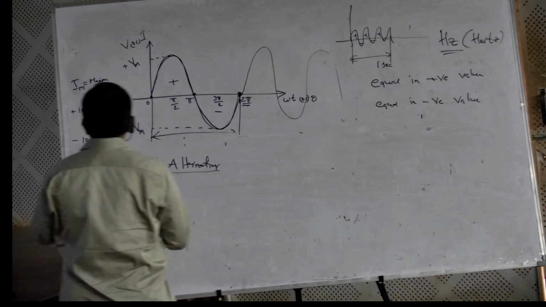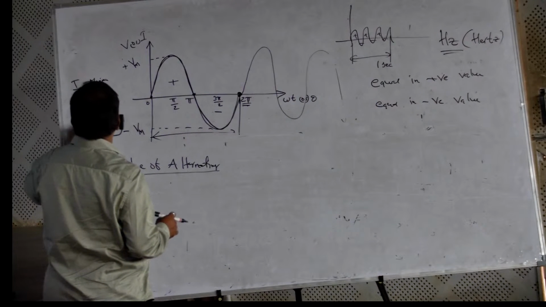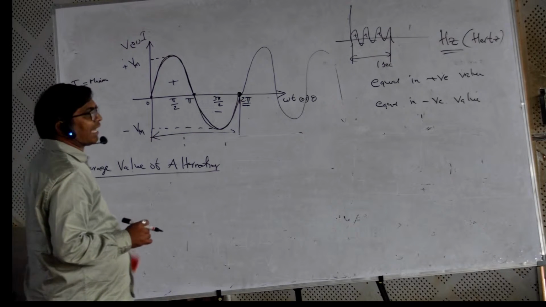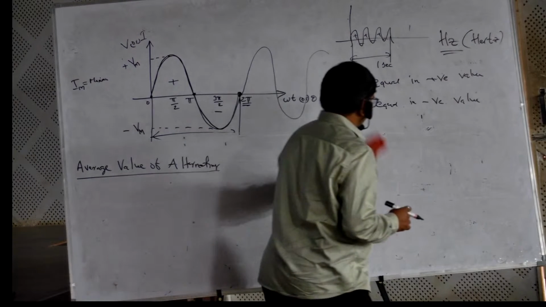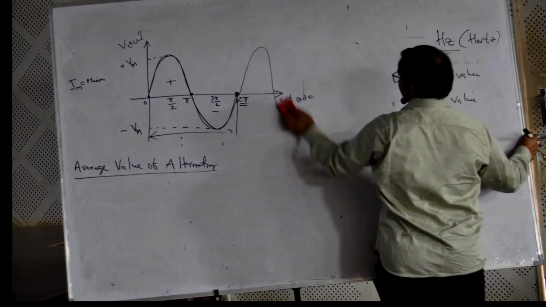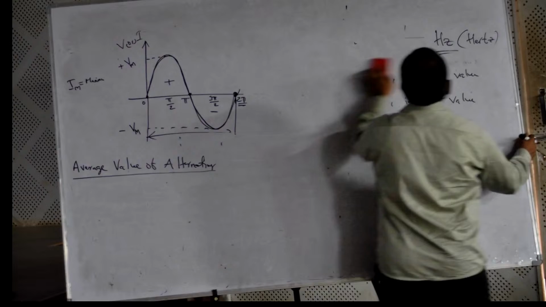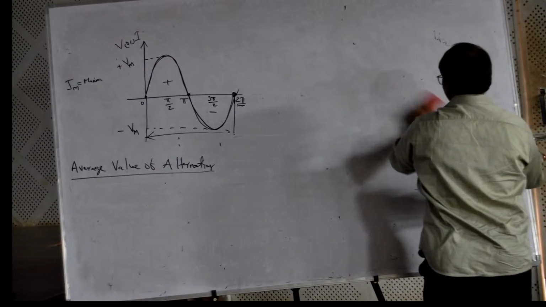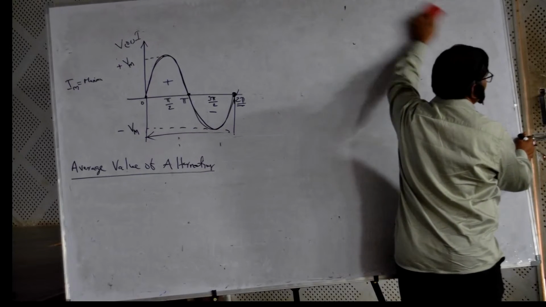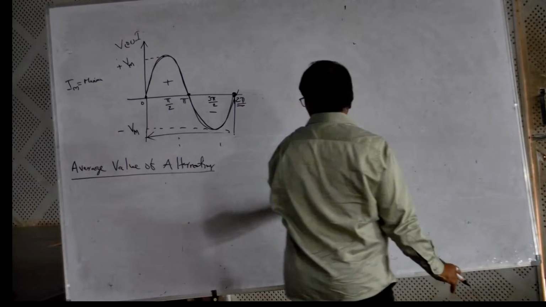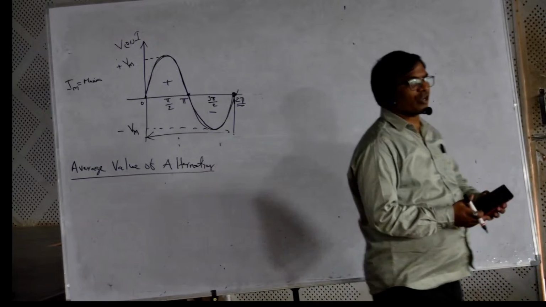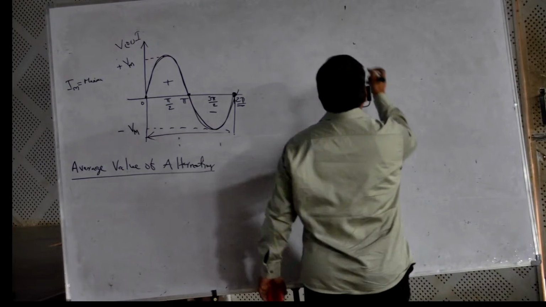Okay, that is the cycle. So you will get this derivation, the average value of alternating quantity, as a long answer question, not a 1 mark question, maybe a 2 mark or long answer question. Okay, average value of alternating quantity.